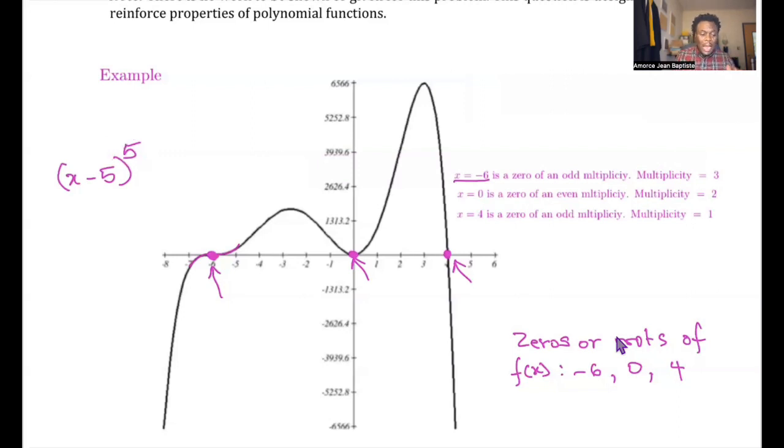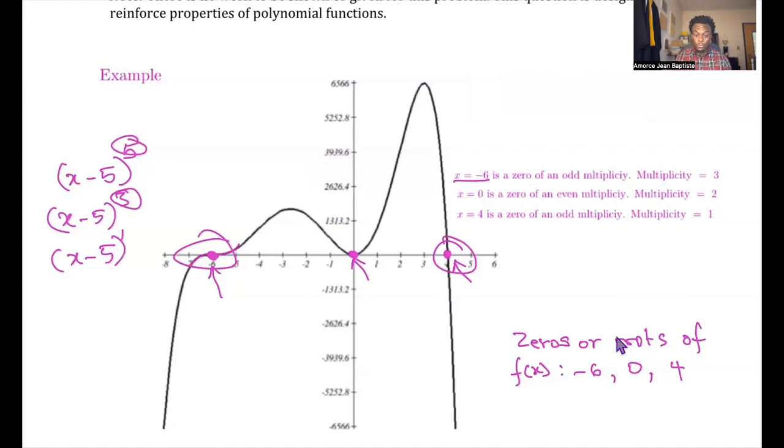But it will not be as quick as if you have x minus 5 exponent 3 or just x minus 5. See, the power 5 will be slower than 3, and the quickest will be when the power is 1.